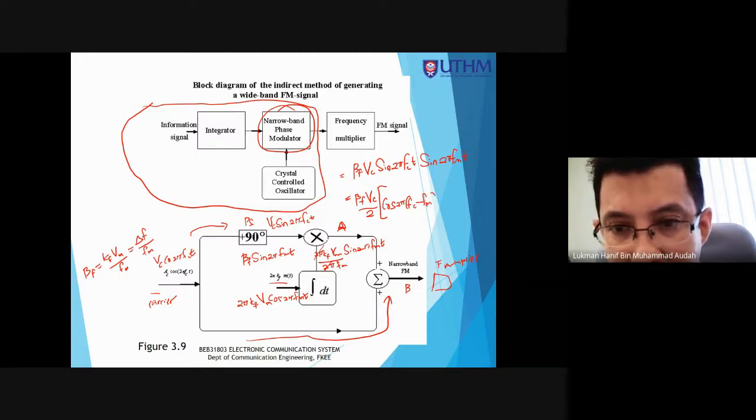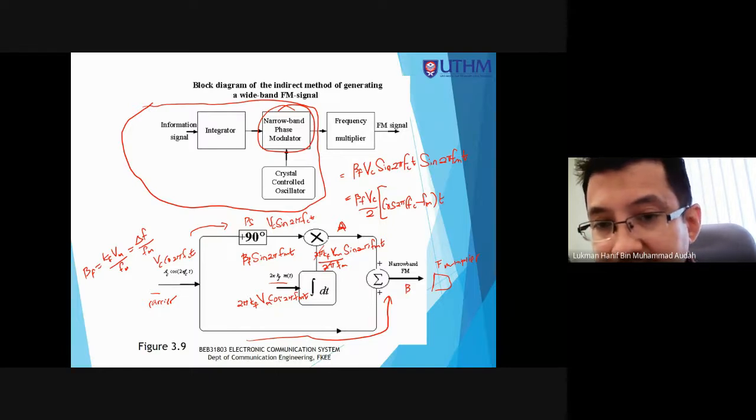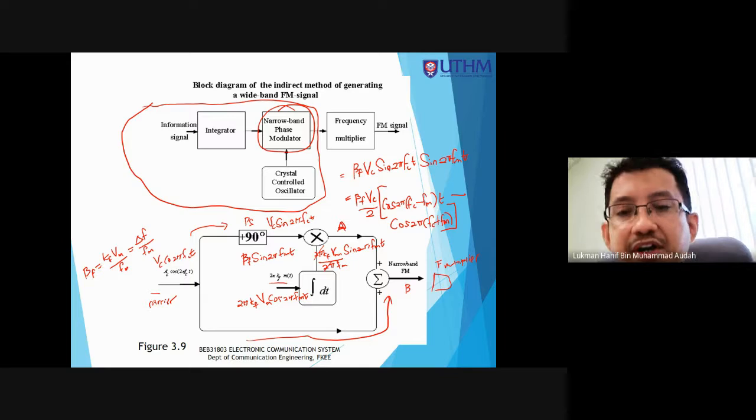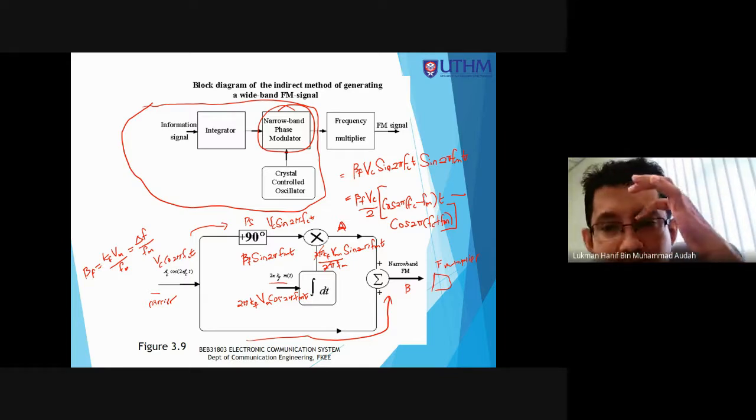Okay, this is a lower sideband minus, saya buat di bawah minus cos 2 pi (fC plus fM) upper sideband, and then close big bracket.